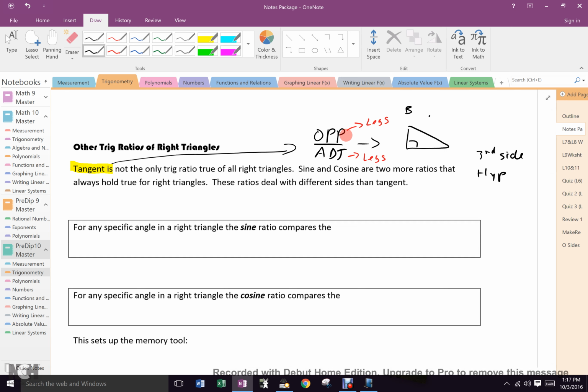And for some strange reason, that issue causes problems for people. Now, because there is that third side, we must have other ratios that deal with that third side, and they are sine and cosine.